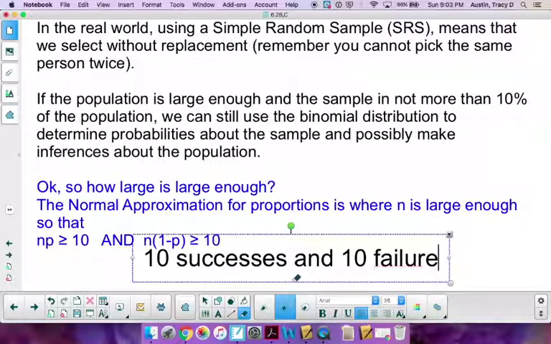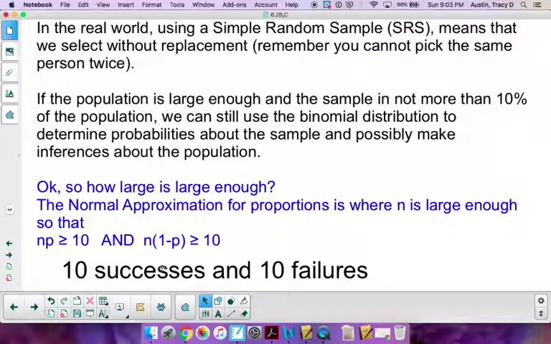Okay. That means that your population has to be big enough, okay, to give us a sample size, right, that follows this and is still not more than 10% of your population. Let's see if I can break that down further.